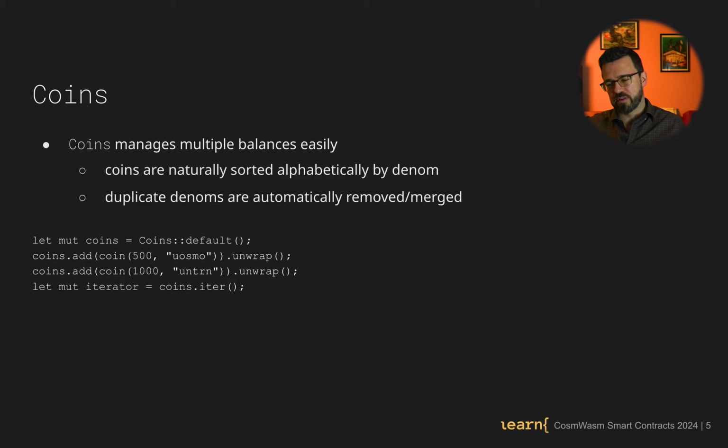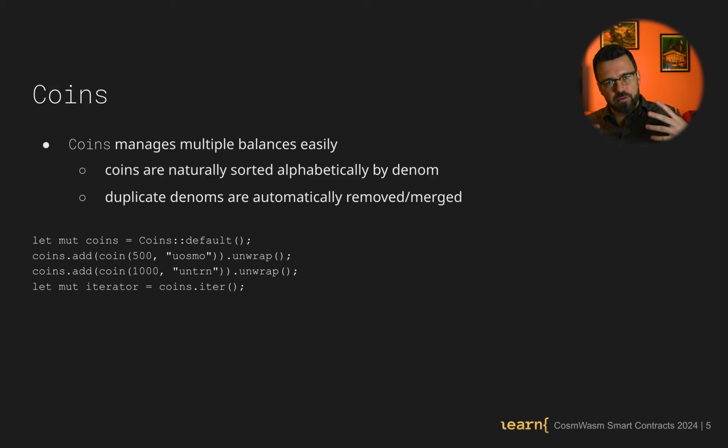Add isn't in the sense of adding an item here, but adding an actual amount of coins. So I can add more Osmo after this and more neutron after this, and it will just add to the balance. Likewise, there's sub, where you can subtract from the balance, and there are various other helper methods as well, like denoms will spit out all the denoms. You can get the largest coin amount and the smallest coin amount, and so on.